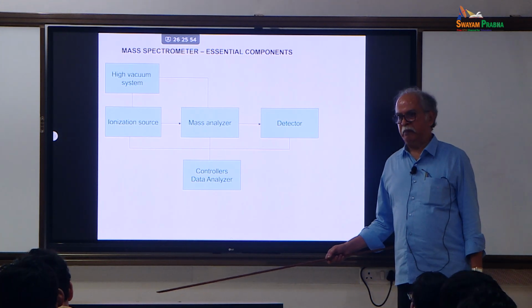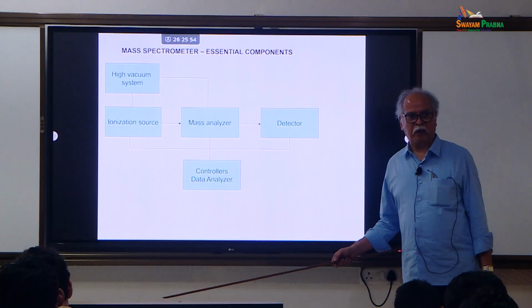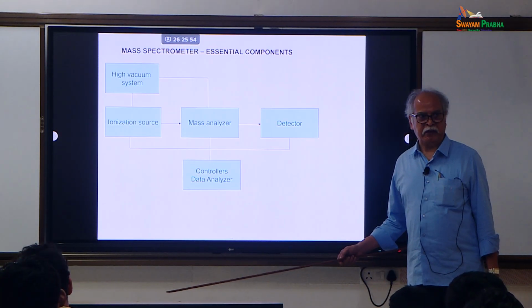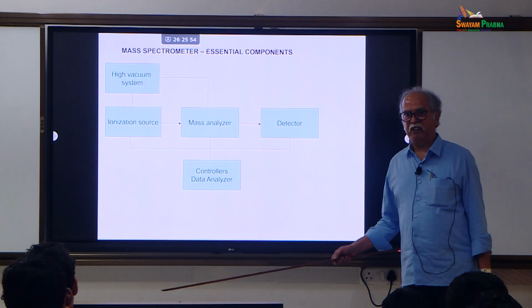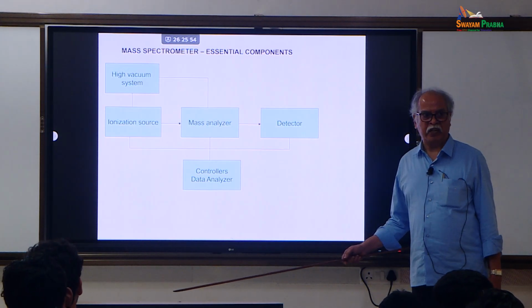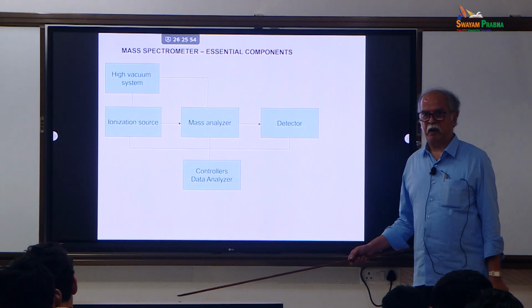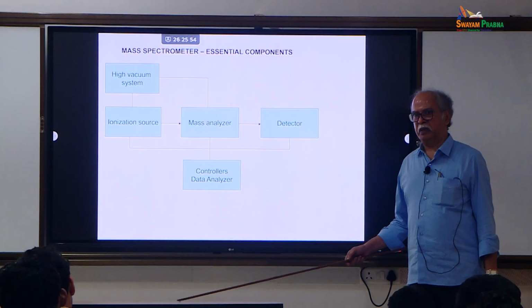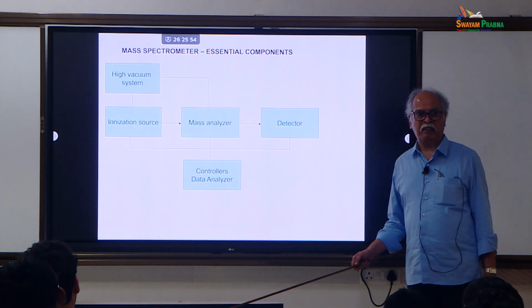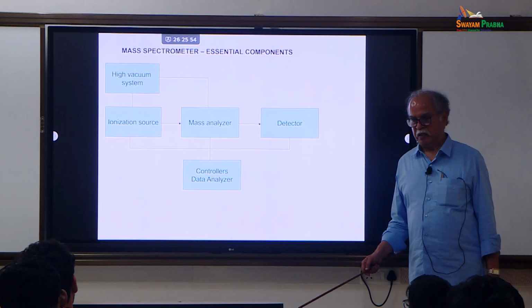High vacuum, I mean 10 to the power minus 6 to minus 8 millimeter of mercury, which is difficult to maintain actually if you do not have a good electricity supply and so on. Because to start from atmospheric pressure to 10 to the power minus 6 torr vacuum is not a joke.